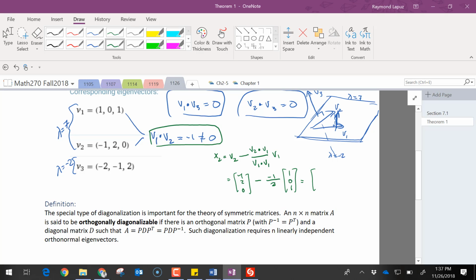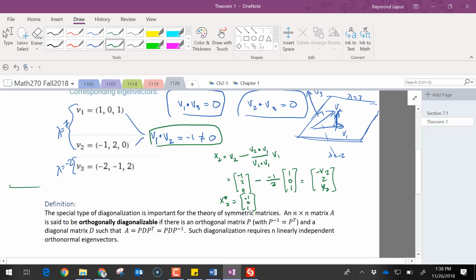So this is -1/2. 2 plus 0, 0 plus 1/2. Let's multiply it by 2. x2 star is equal to -1, 4, 1.